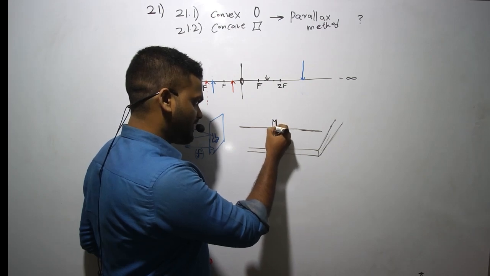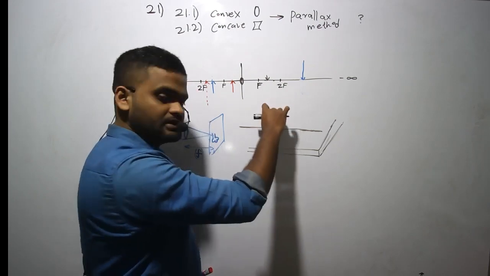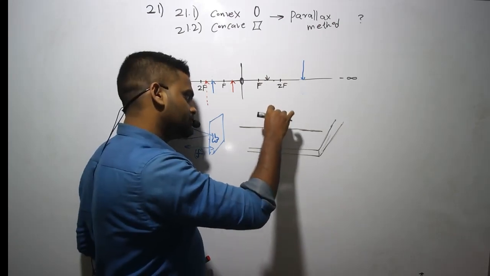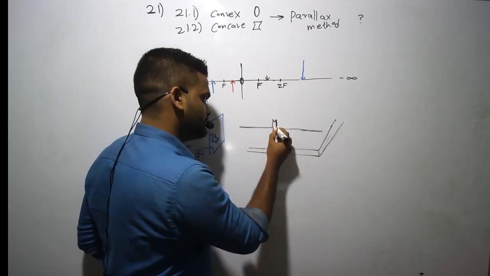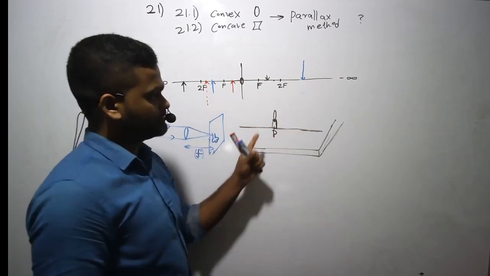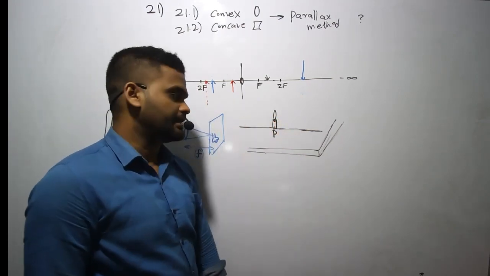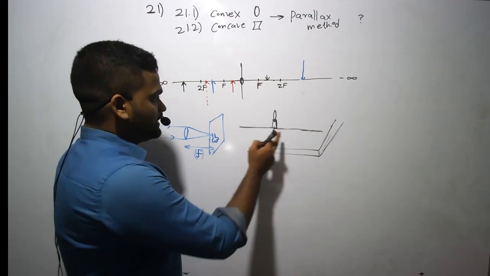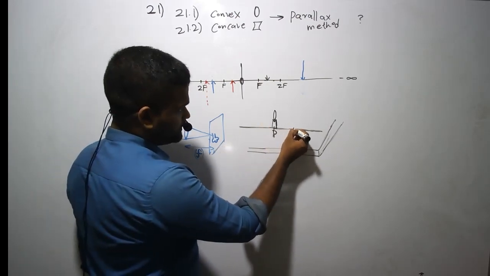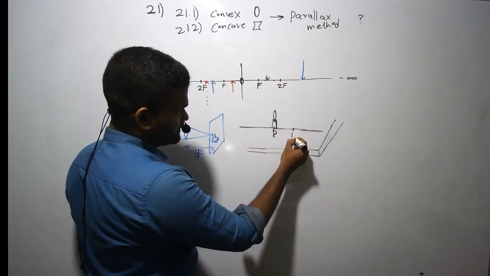There are stands. You cannot just put the lens here, right? There are stands available in the lab. So you place the stand here, and then on the stand, you can place the lens like this. A convex lens in this case. Earlier, you found the focal length, so you can mark these positions as well.